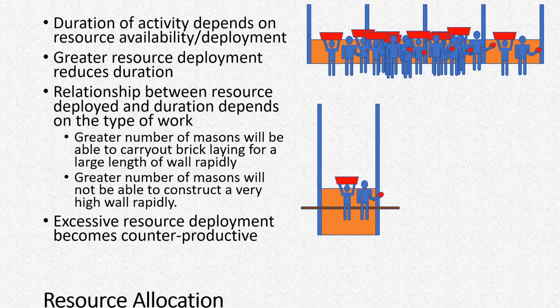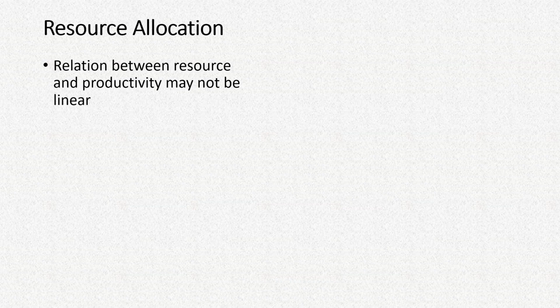And finally, just 2 points I want to mention. That is, the relation between resource and productivity may not always be linear, which we have already seen in the previous example. That means just by increasing the number of laborers, you cannot always decrease the duration.